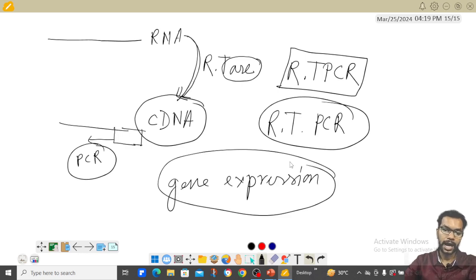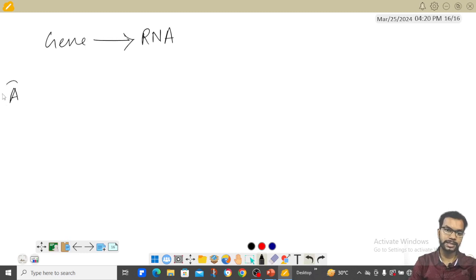So let's see how RT-PCR is used to study gene expression. We know that a gene expresses itself by producing RNA. Suppose there is a gene A. Gene A expresses itself, so it will produce RNA.